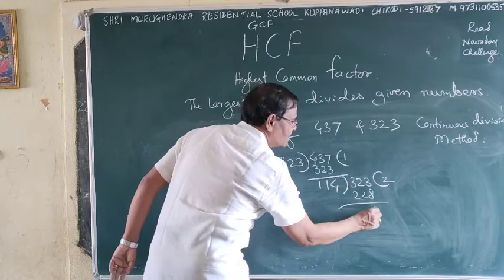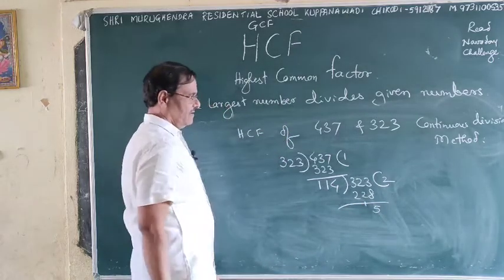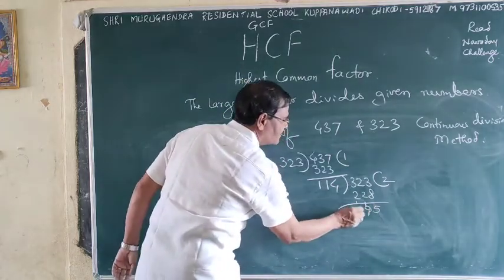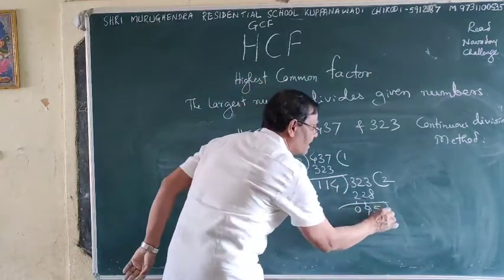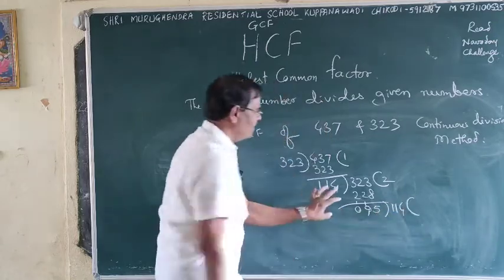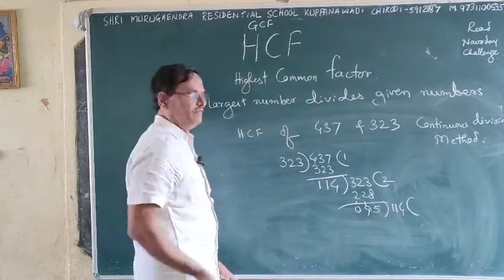Then 13 minus 8 is 5, and this is 9, this is 0, 95. Again you have to divide 114 by 95.